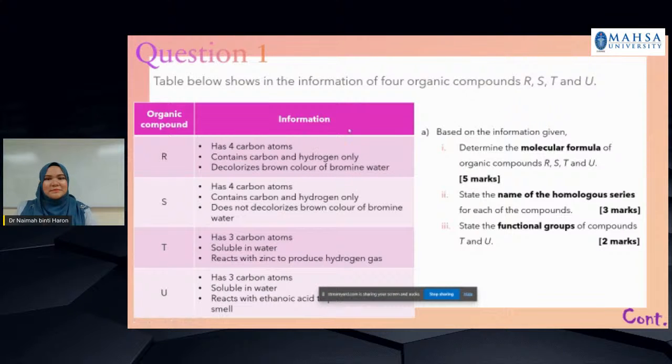Okay, so for example, this question asks you regarding the molecular formula of the organic compounds R, S, T, and U. The problem with organic chemistry is that most students say it is very difficult, because first they don't really understand the reactions, and then they can't remember the reactants as well. In order to understand organic chemistry, you don't necessarily need to memorize, you need to understand.